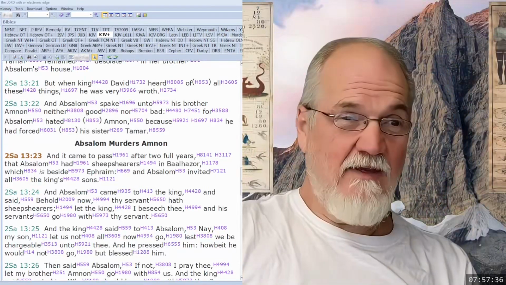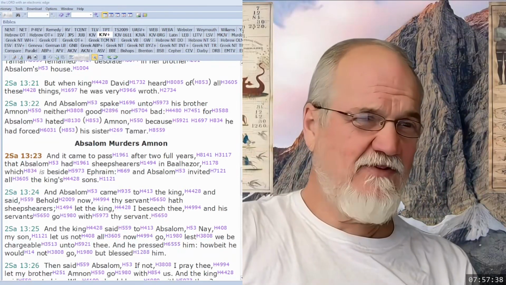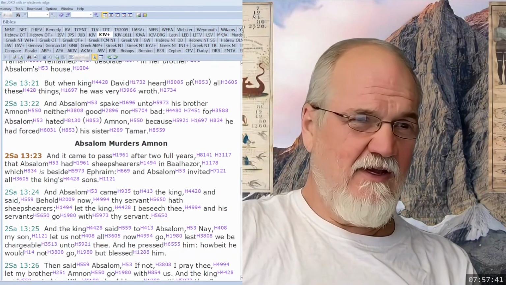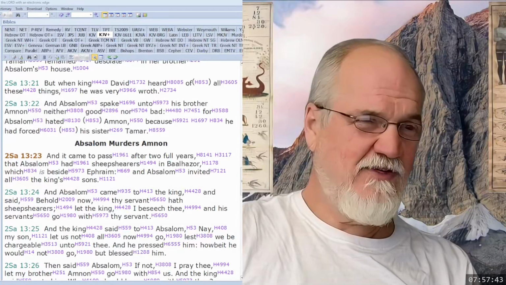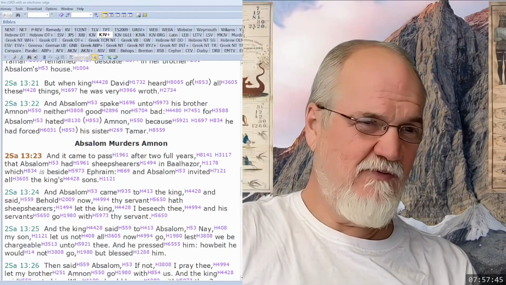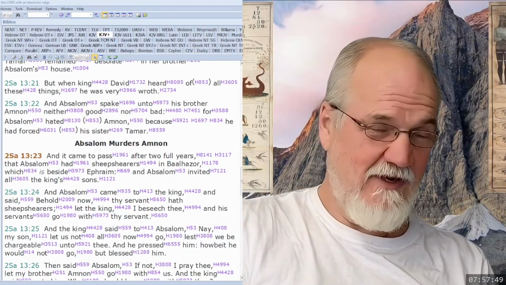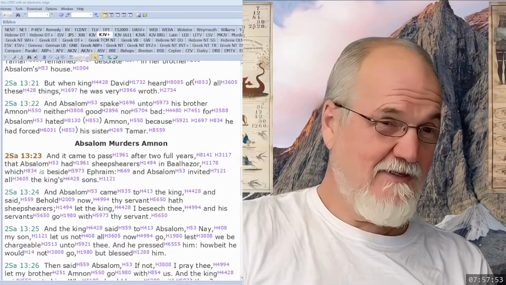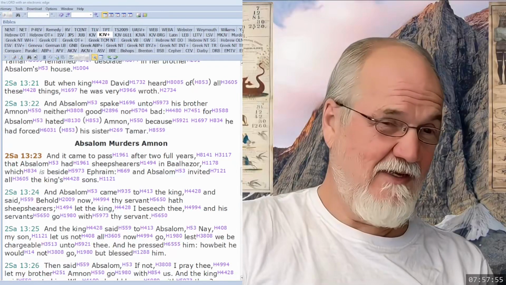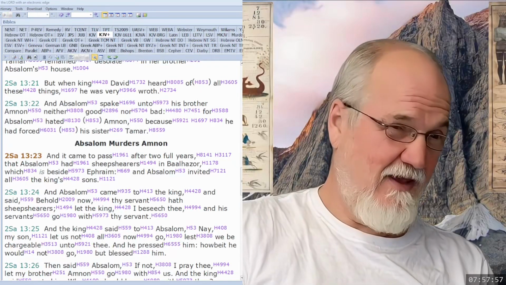Okay, so it says it came to pass after two full years. Two full years after December 25th, 2021 is December 25th, 2023, right? And that's 8,141 days from 9/11.